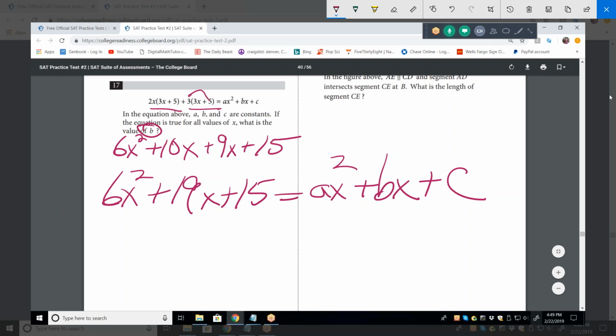And I know b is always the coefficient of that middle term. And when I'm solving that, I really don't care about that. I don't care about that. The only thing I care about is that right there. So you know you're going to have to add those two together. Whatever the coefficient is, that's b.